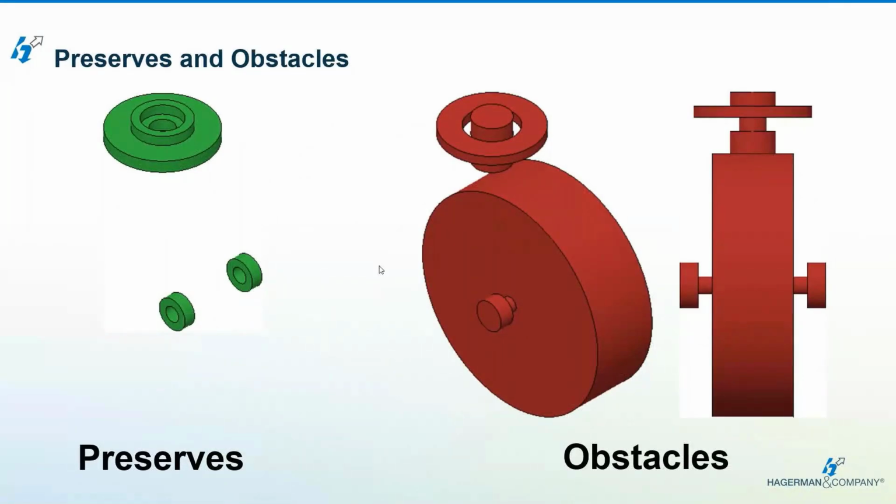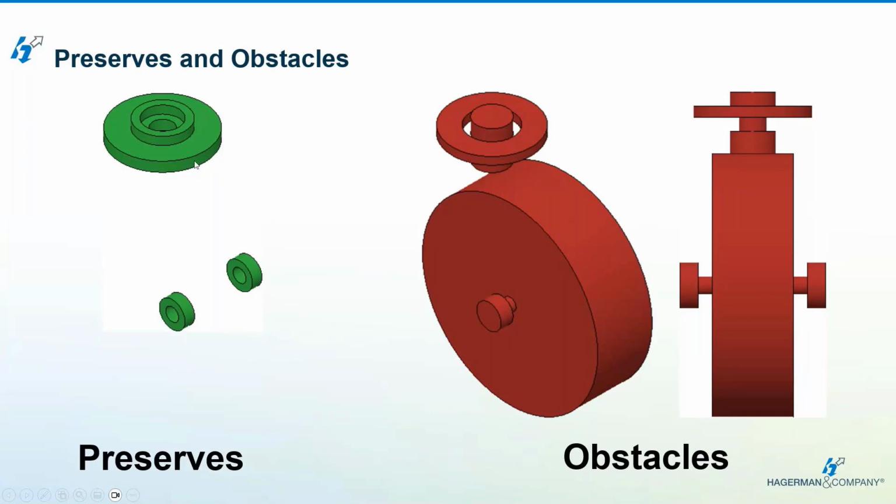I'm not going to do every single preserve and obstacle. I already have one set up for this, and it's the same way I just did with those two. I'm going to switch over to my next model that has the preserves and obstacles already built into it.